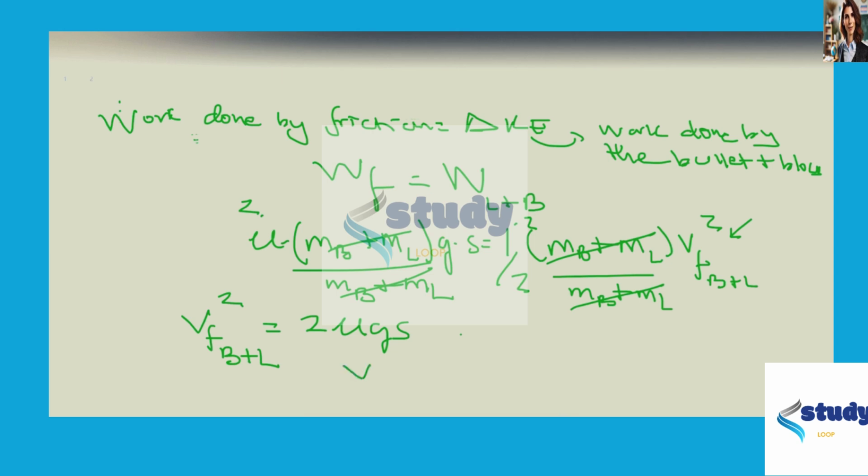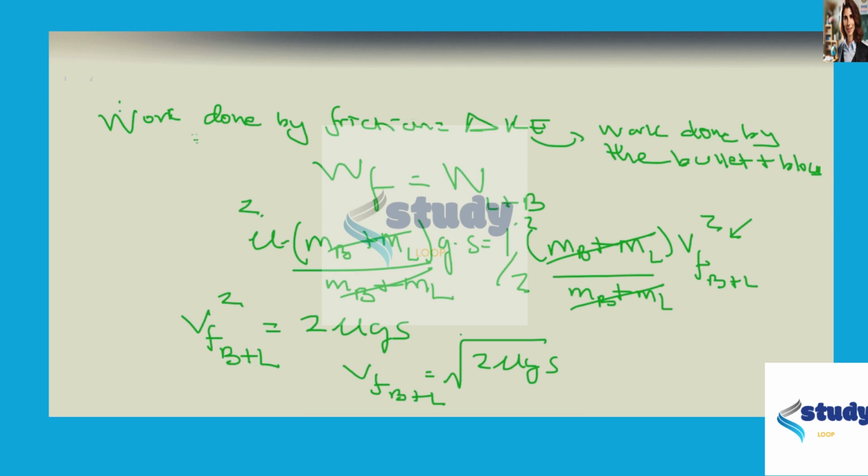And then that can help us get the final velocity of the block and the bullet, which is just the square root of 2 mu g s in that problem. If you plug in the numbers, you can get an actual value.